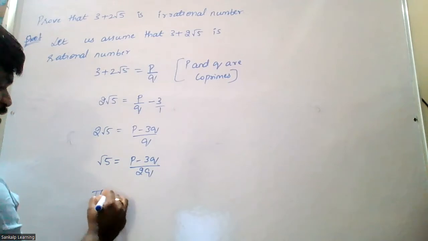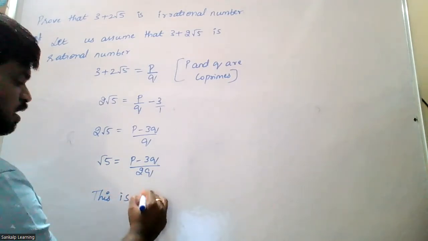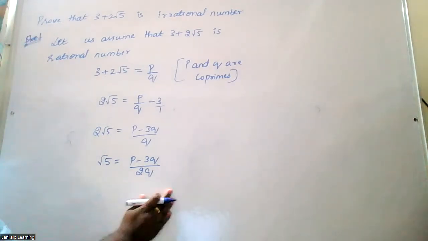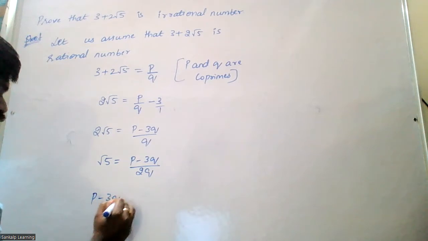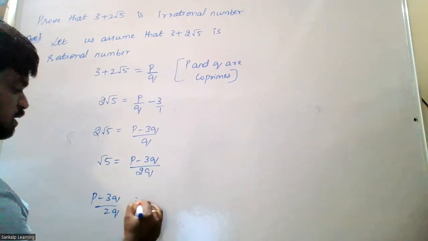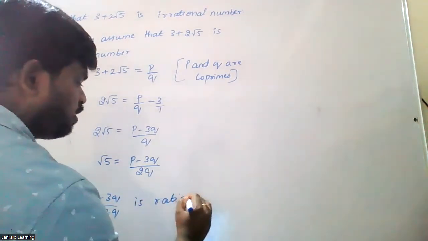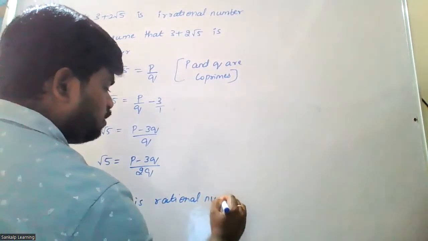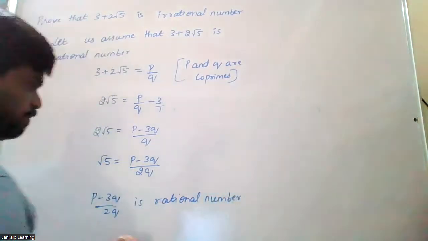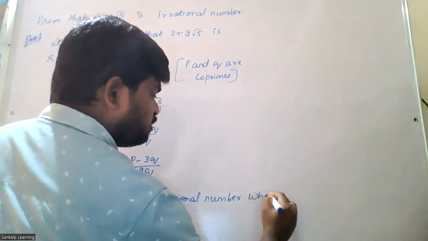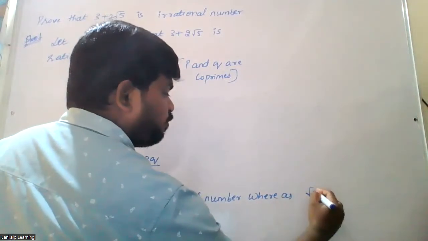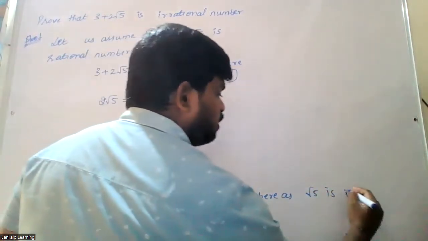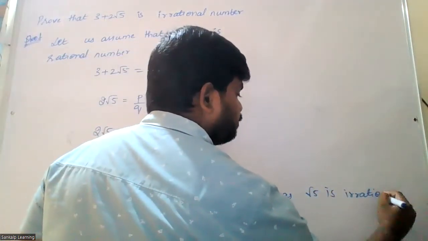This is a contradiction. Let me write it clearly: (p minus 3q) by 2q is a rational number, whereas root 5 is an irrational number.